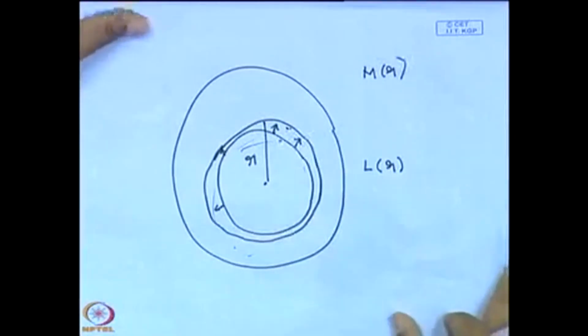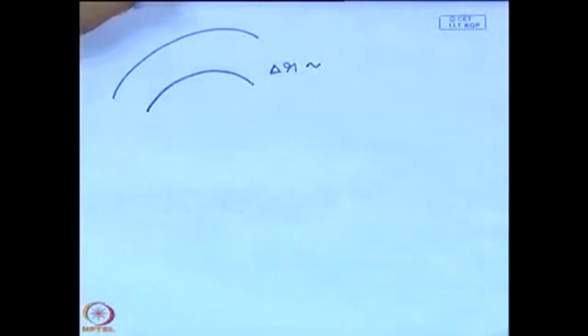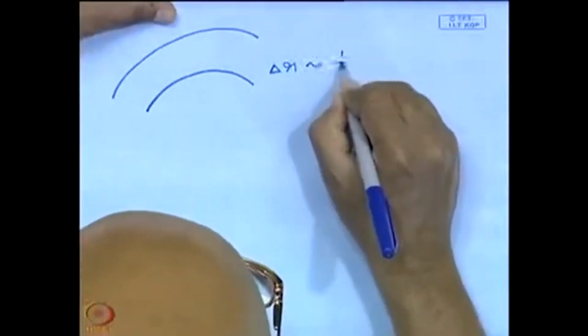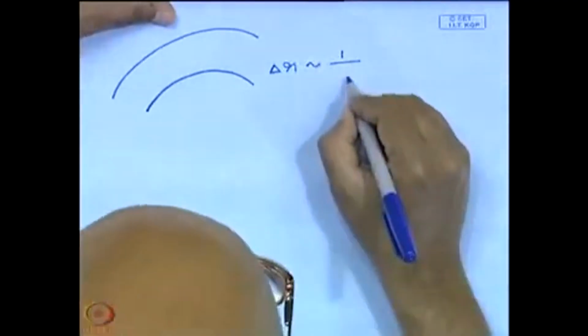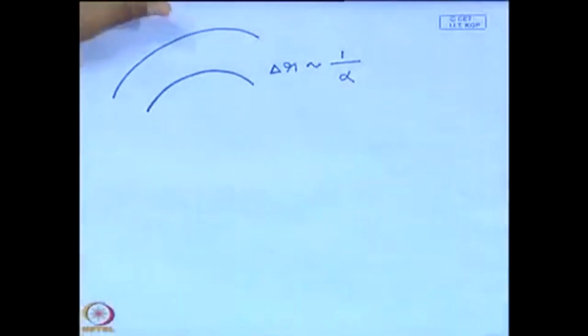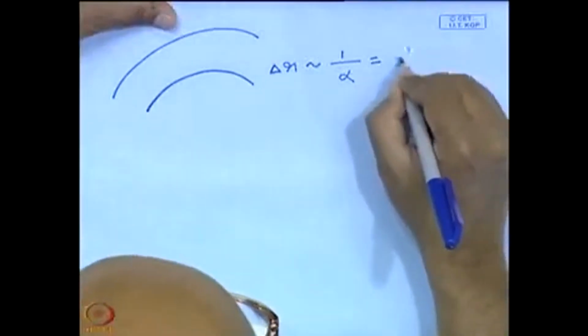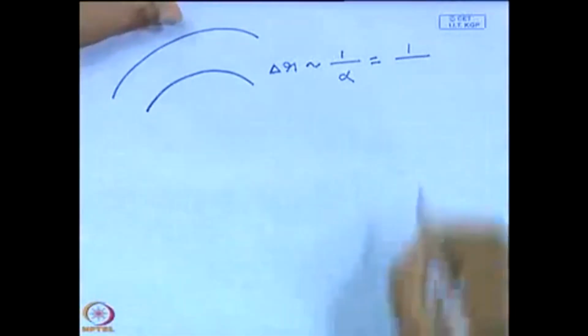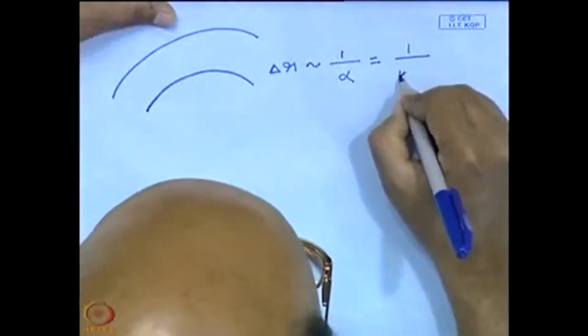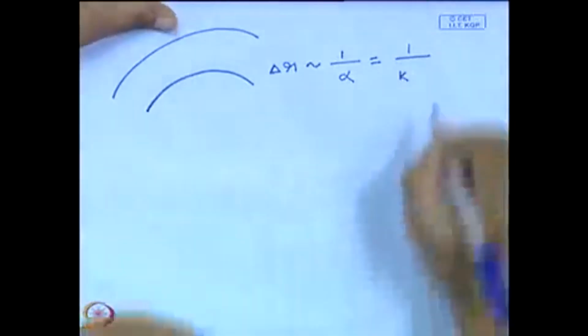Inside the sun, and the mean free path, we know the mean free path in any medium. The mean free path we know is 1 by the absorption coefficient alpha, or we can write it as 1 by the absorptivity or opacity into the density.